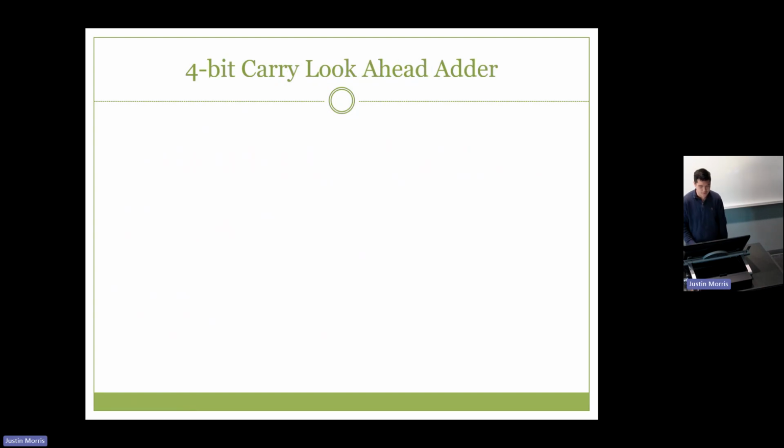And then if we put it all together, we can make a 4-bit carry look-ahead adder. So for our first carry, we either generate a carry because the first 2 bits are 1, right? Or we propagate because either one of the first 2 bits is 1 and the carry in.